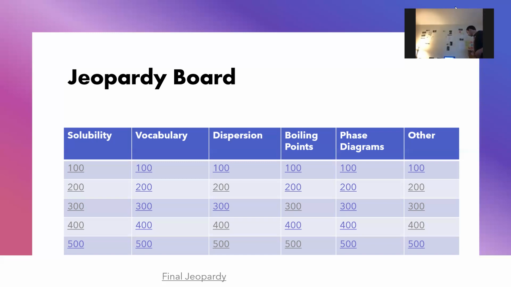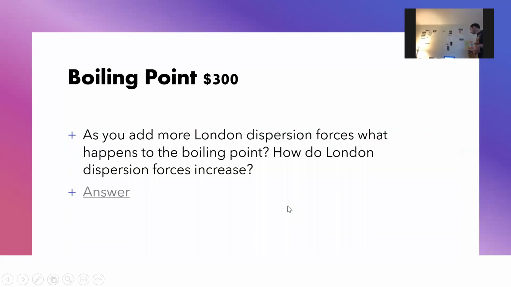I'm going with boiling points for 300. Boiling for 3. Okay? As you add more London dispersion forces, what happens to the boiling point? How do London dispersion forces increase?